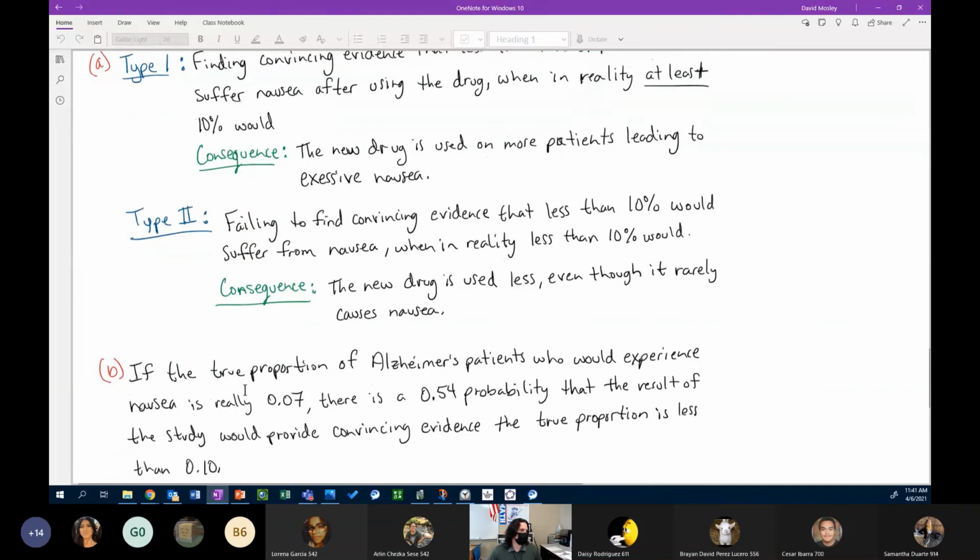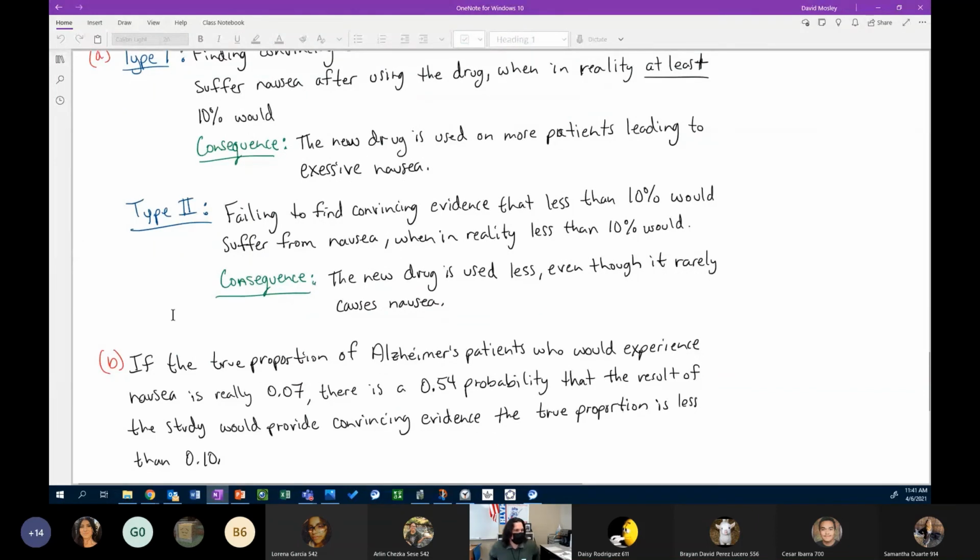Right. Part B, if the true proportion of Alzheimer's patients who would experience nausea is really 0.07, there is a 0.54 probability that the result of the study would provide convincing evidence that the true proportion is less than 0.1. So again, the power, right, is the probability that we will correctly reject the null hypothesis if a given proportion is the actual proportion.